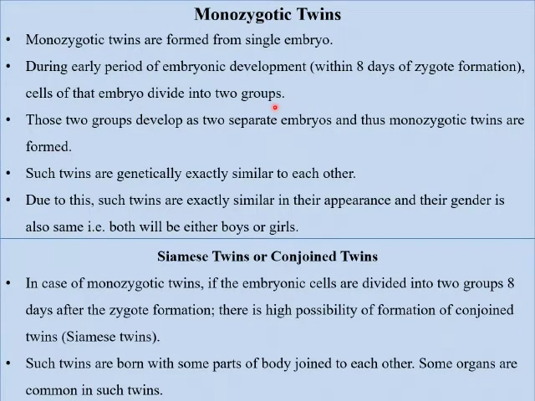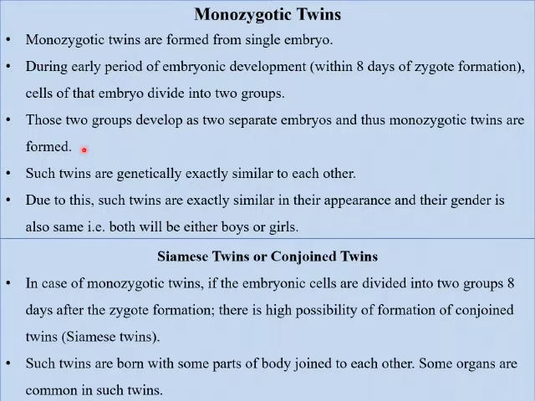Those two groups develop as two separate embryos, and thus two individuals, or monozygotic twins, are formed.